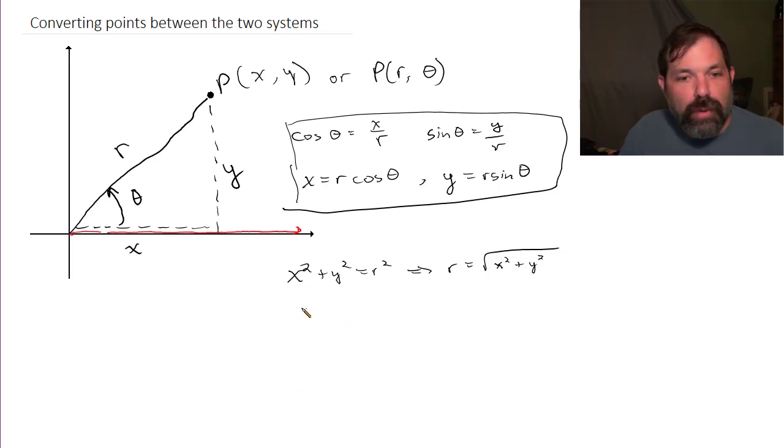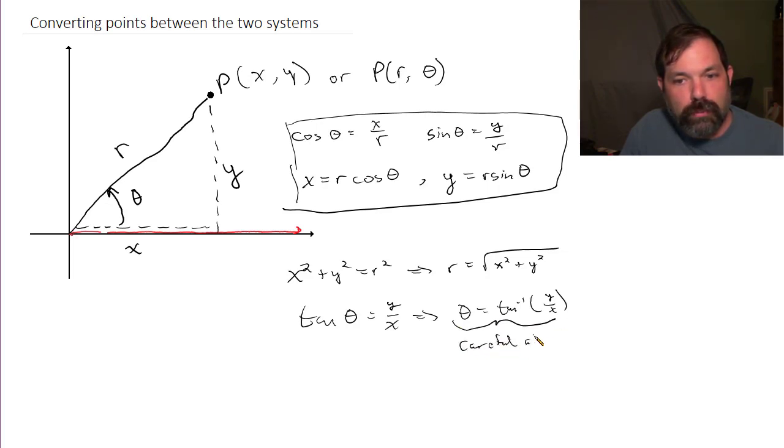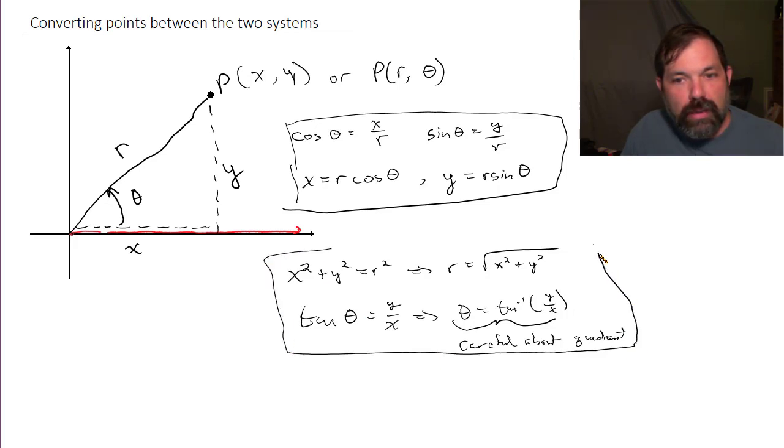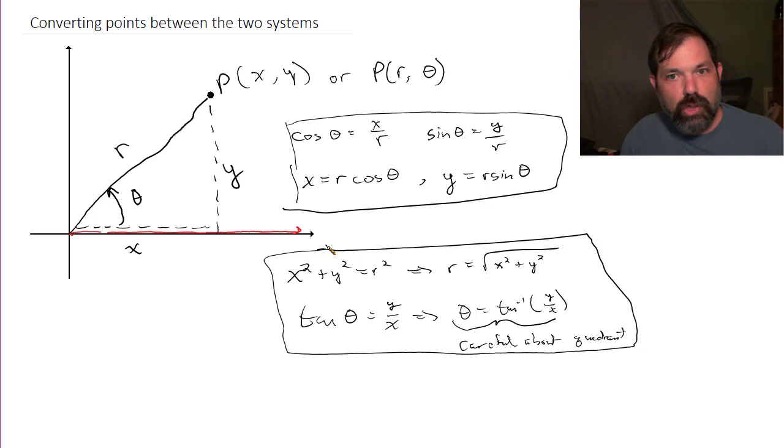Well, we know that the tangent of theta is y over x, and so theta is the inverse tangent of y over x. But this one we have to be a little careful. We have to take care of the quadrant, so be careful about quadrant. And so we can use these ideas to convert between the two systems.